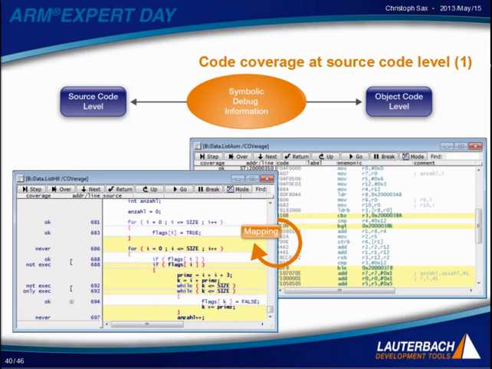If we use the debug information, we know which instructions at object code level are linked to which instructions at source code level. And to transfer the code coverage information, we just map the information from the object code to the source code.